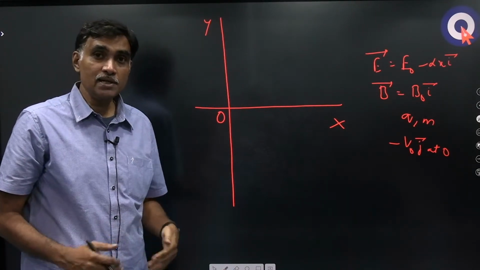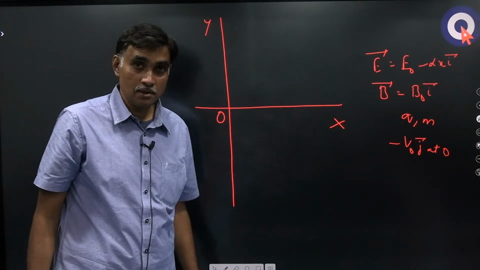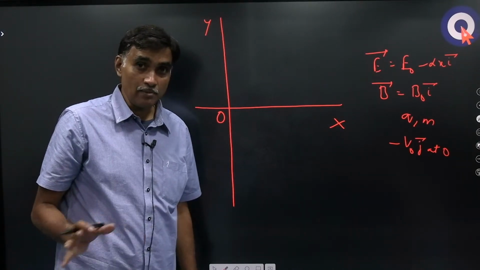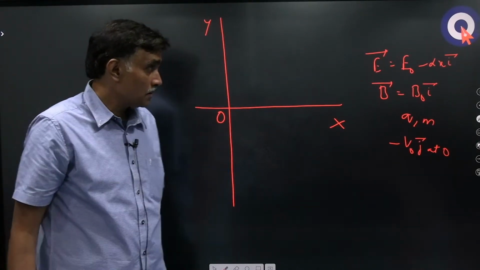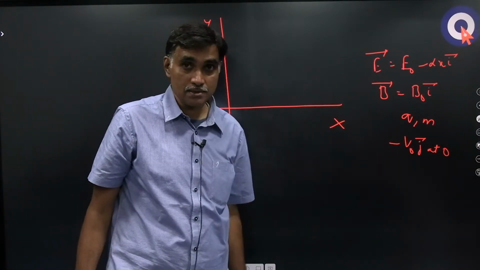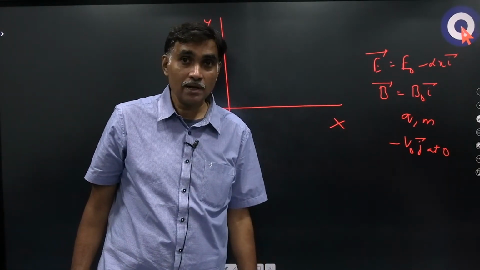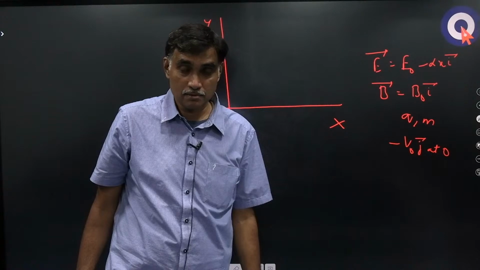Now when it is passing through the origin, after some time, if it has to pass through the origin again, find the relation between the given quantities.